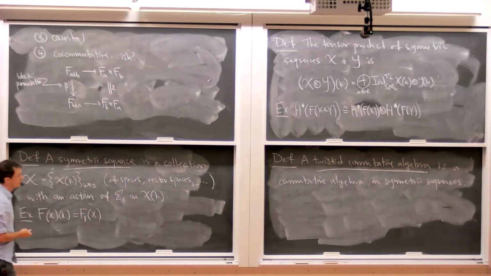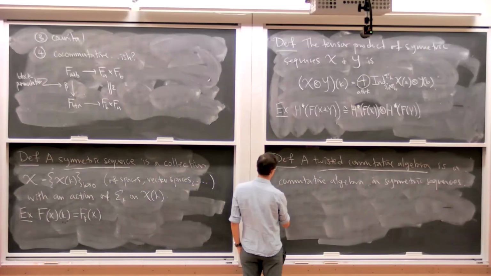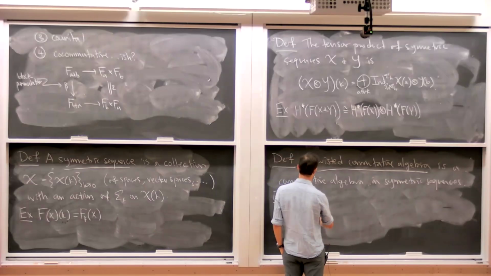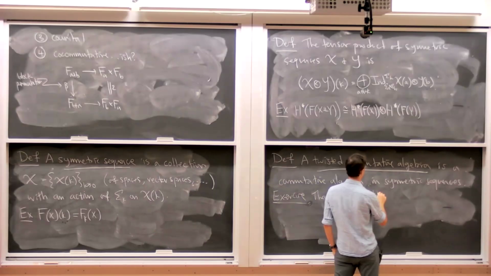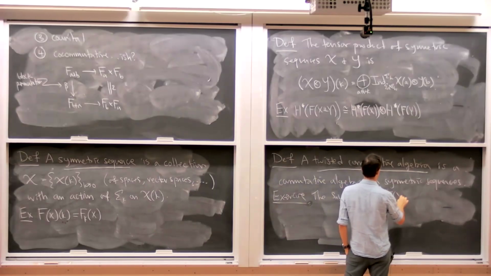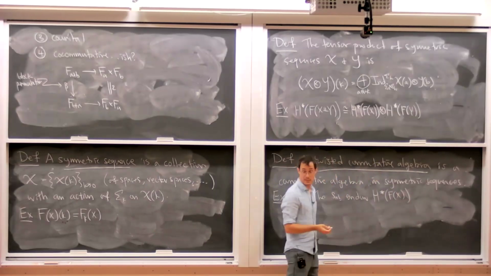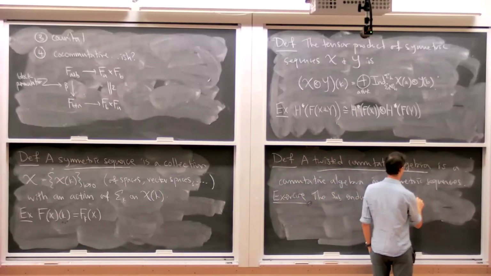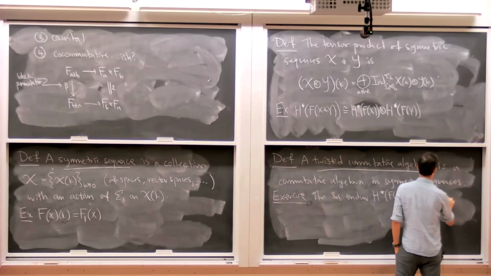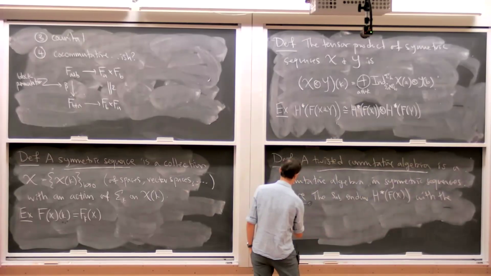And so the exercise is to unravel the definitions and show that the SABs endow the cohomology of the configuration spaces of any space, we didn't require it to be a manifold anywhere, with the structure of a twisted commutative algebra.